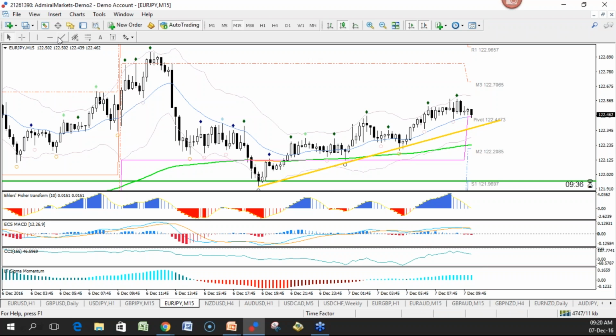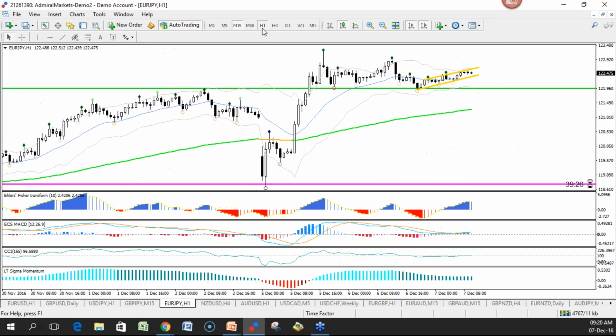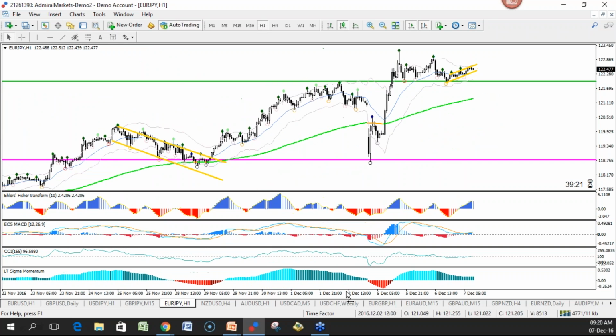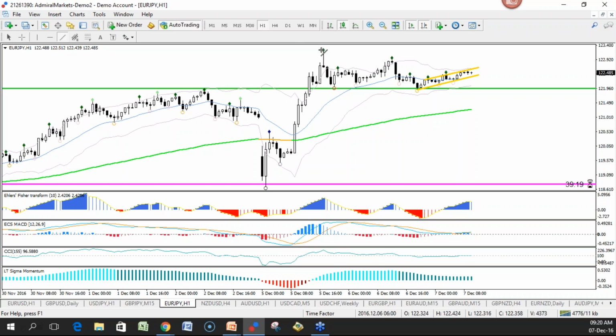But from a chart perspective, it's the same like the dollar yen, to be honest. It does not look that great. This does look quite corrective. This was a strong fall. I think I would like to see more proof first.